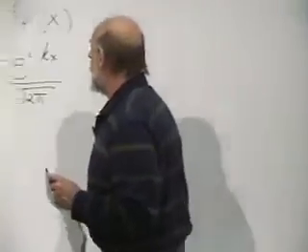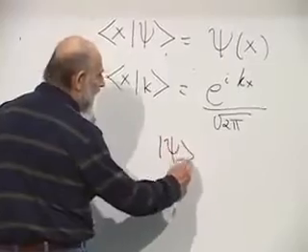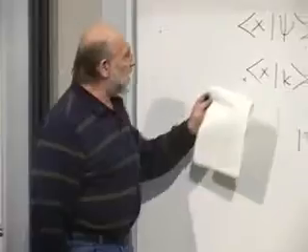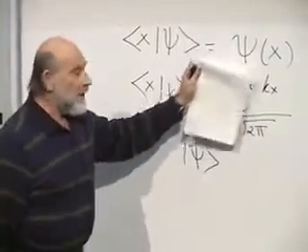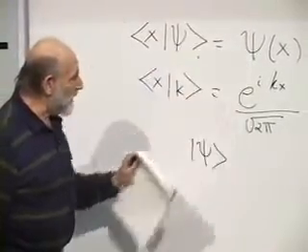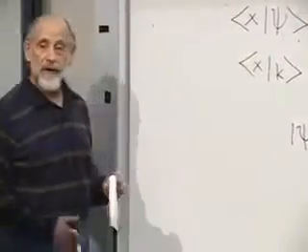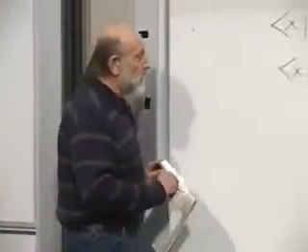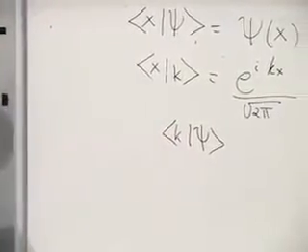Now let's take a more general state, psi, and I'm interested in what's the probability that it has different momentum. Here is the probability amplitude for it to have different positions. I multiply it by its complex conjugate to find the probability. Now I want to know what's the probability for finding different momenta if I were to measure the momentum instead of the position. Well, that's equal to the square of this quantity.